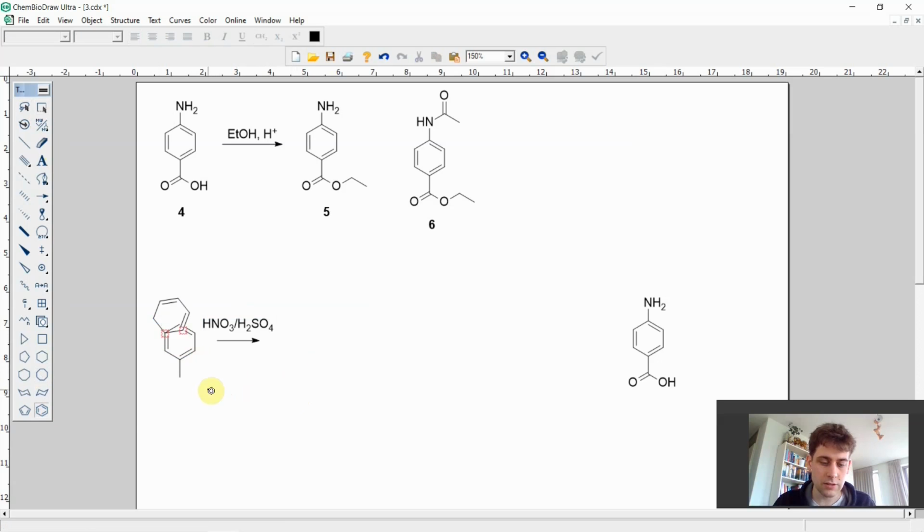I would just copy our toluene molecule. In the end, because we have a substituent that pushes in ortho and para position, we probably get something where the substituent is in para position. That is actually what we want to have. And the other thing that we get is the substituent in ortho position.